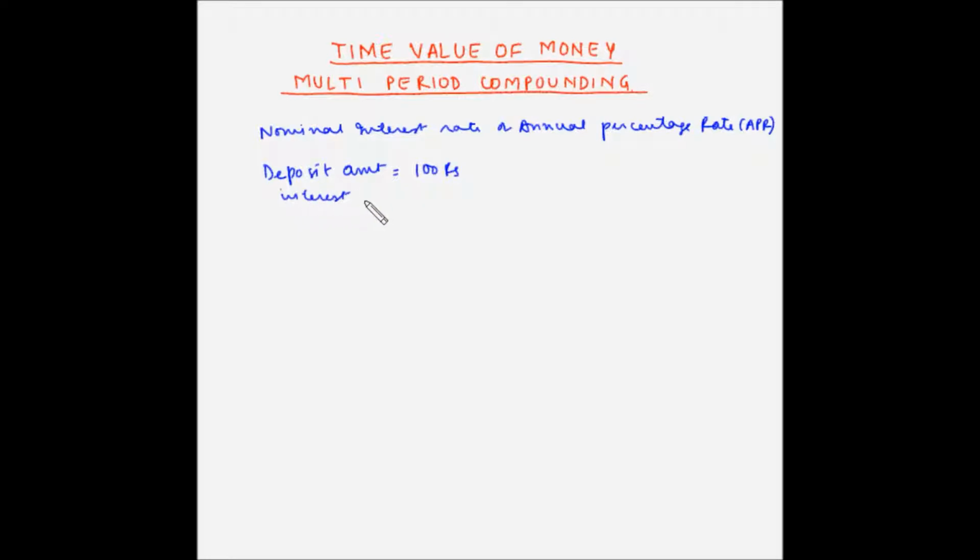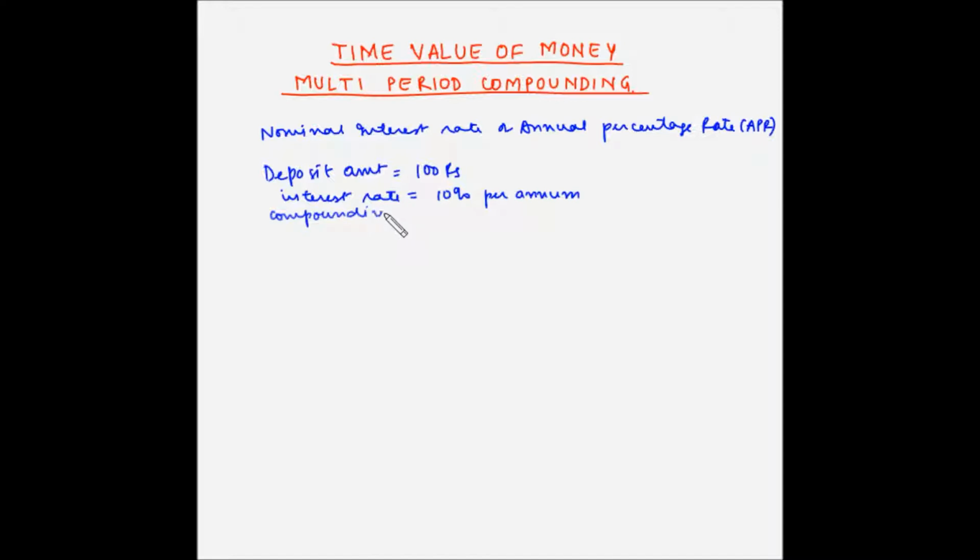Interest rate is 10% per annum and compounding is semi-annual. So this 10% per annum, this is the nominal interest rate. Let's call this nominal rate as number 1.